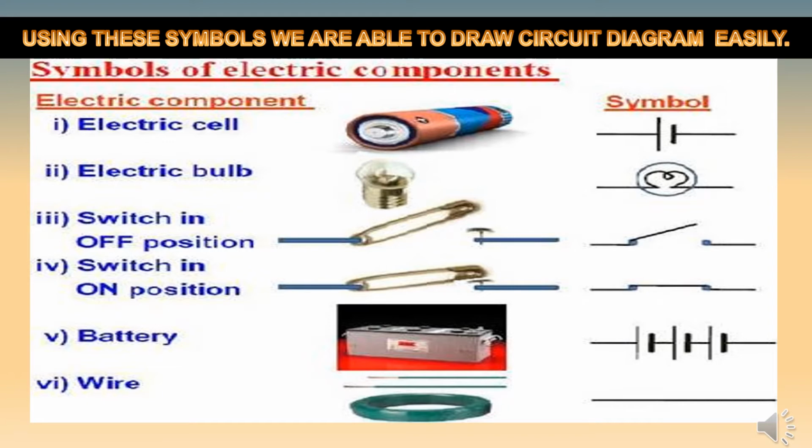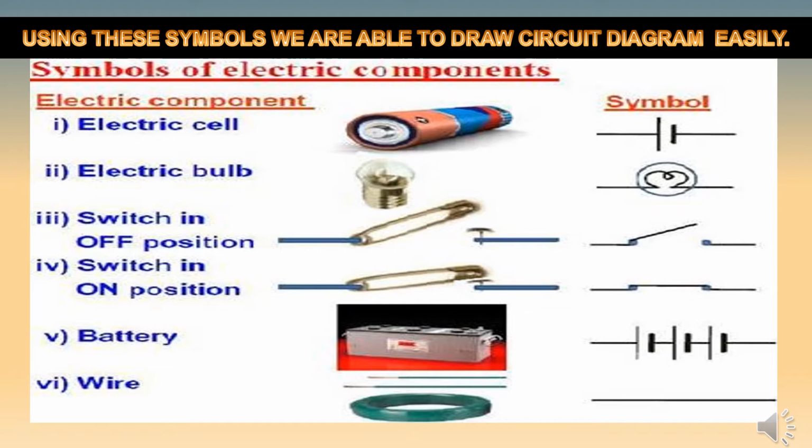Here you see the various symbols of electric components like the electric cell. It is drawn with a bigger line and a smaller line. There should be a gap, right? An electric bulb can be drawn by using this symbol. When the switch is in off position, it should be drawn like this. And in the on position, it should be in closed position. The batteries are to be connected from various cells, right?